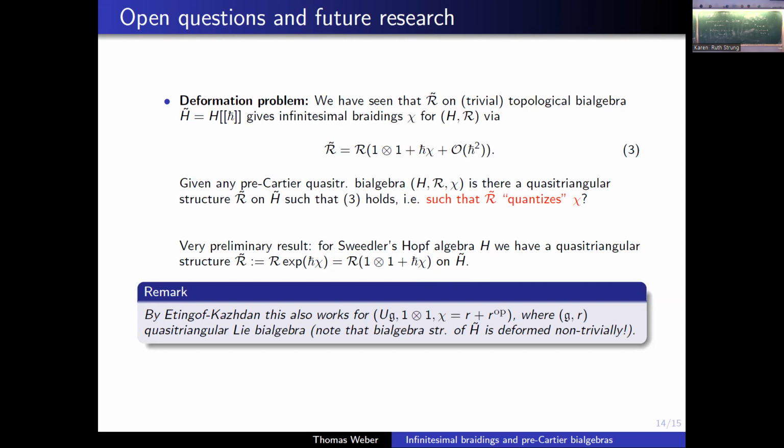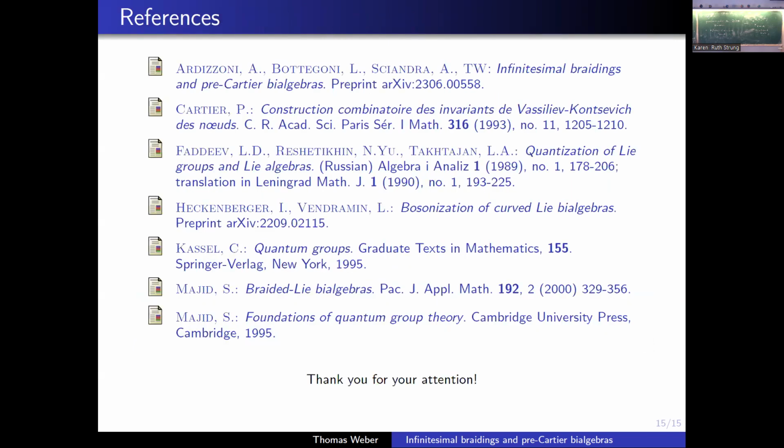But apart from this, we don't really know how to quantize or how to solve this deformation question. There's the feeling that this should be connected to some Etingof-Kazhdan quantization problem, but we don't fully understand this. So in case you want to help, you are very welcome. With this, thank you for your attention.